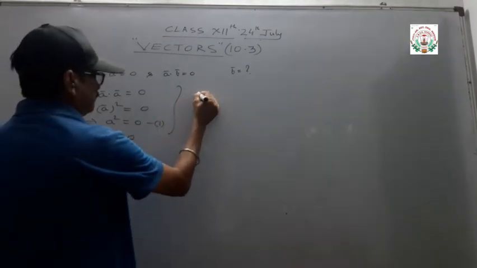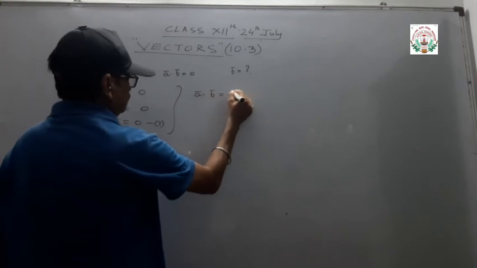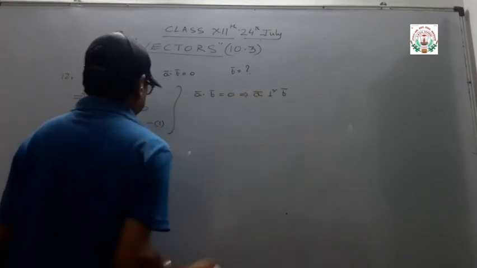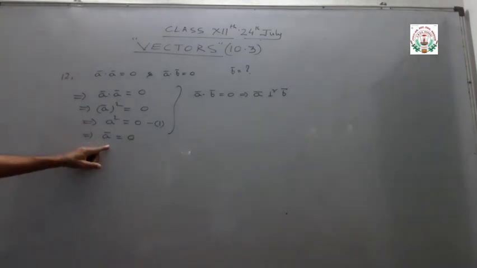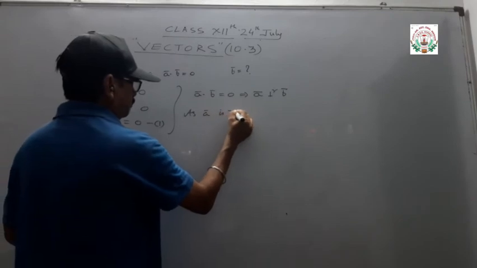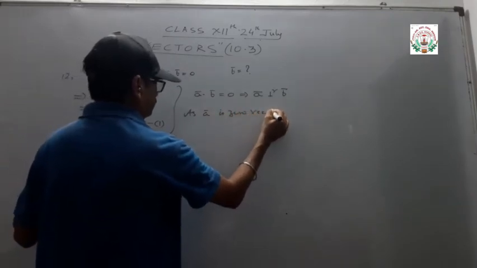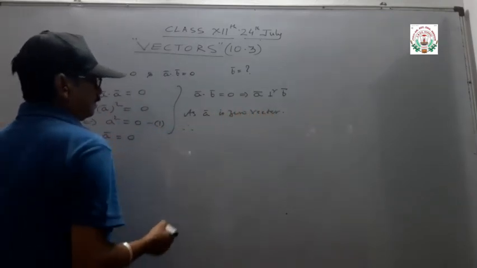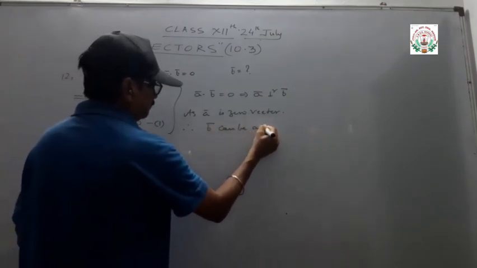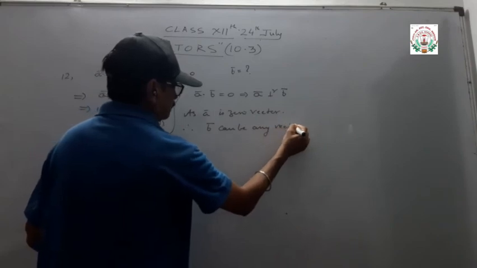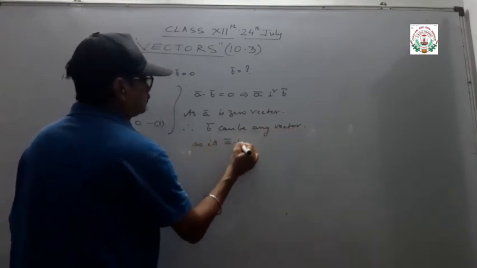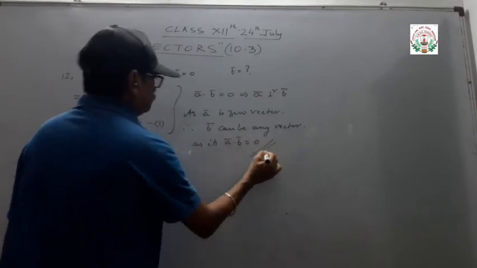So A dot B is equal to 0 implies that vector A is perpendicular to vector B. As vector A is now a 0 vector, therefore vector B can be any vector, as its dot product is also given equal to 0.